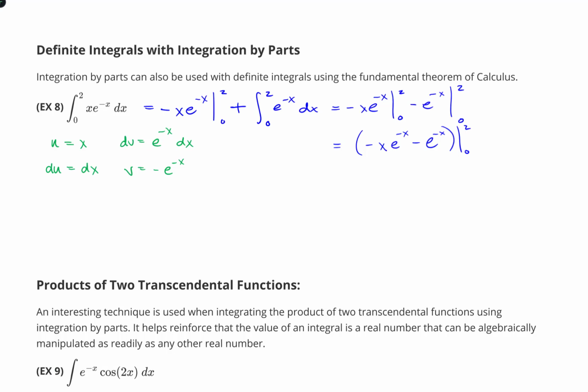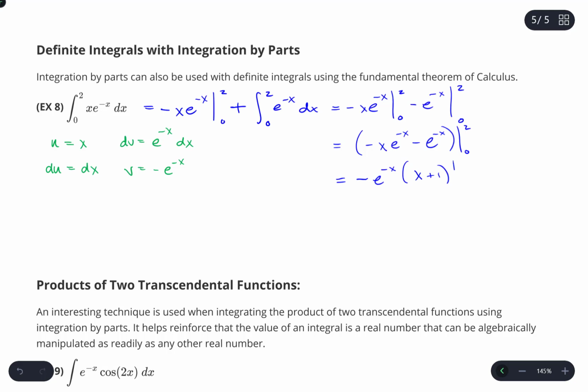That's why I like to wait until the very end, because as you can see, there are also some common factors that might make things easier. I could pull out a common negative and e to the negative x, and that would leave me with x plus 1 evaluated from 0 to 2.